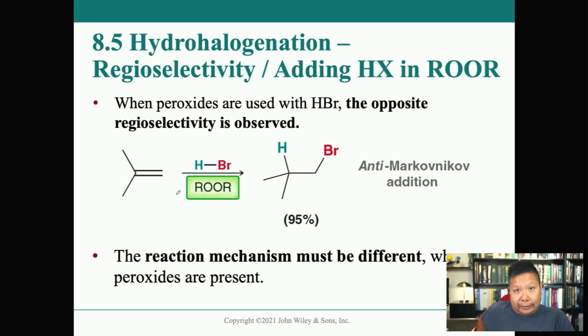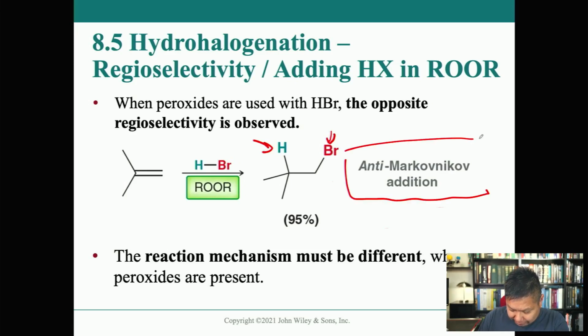So interestingly enough, if you do this reaction in a peroxide, like some kind of acyl peroxide, you actually get the opposite, where the hydrogen gets added to the side that's more substituted, and the bromine gets added to the less substituted side, the one that has more hydrogens on it. And that's called the anti-Markovnikov addition.